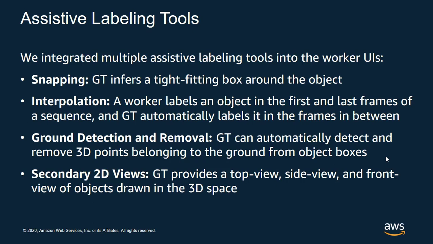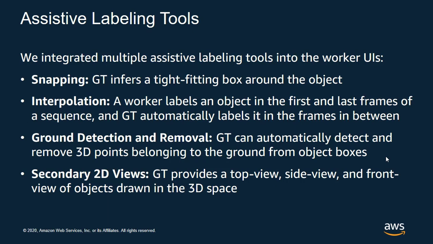Sometimes when you're navigating a 3D space as a labeler, it's very difficult to discern points that should belong to the ground versus points that should belong to the object of interest, right? So this feature uses an algorithm to understand what is ground and what is not ground, and it automatically removes ground points from labels that you have created.